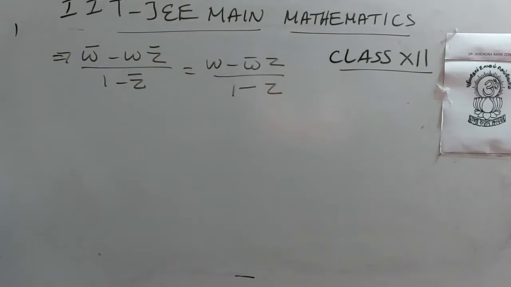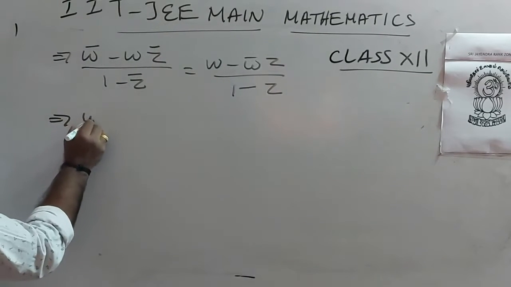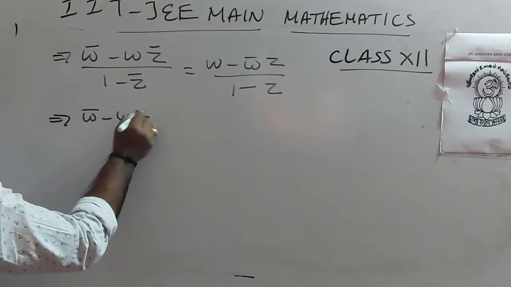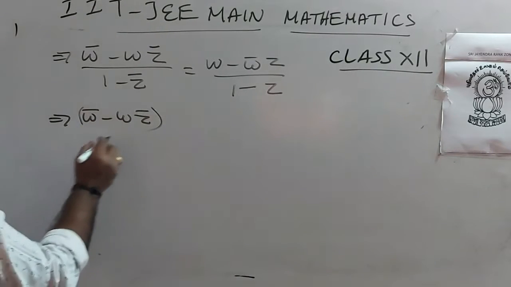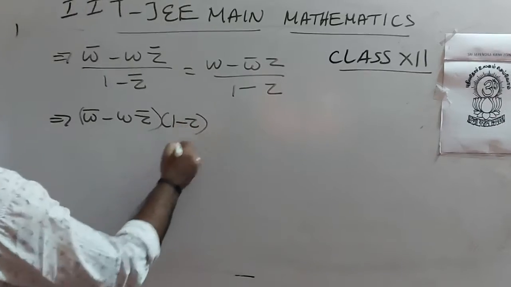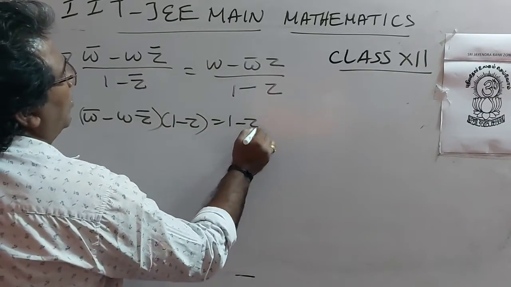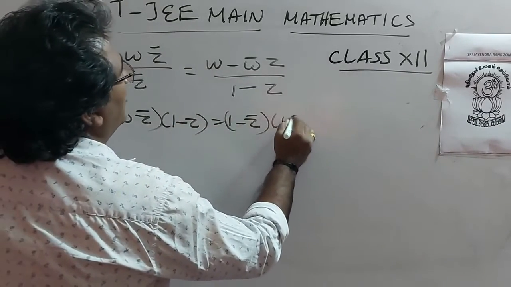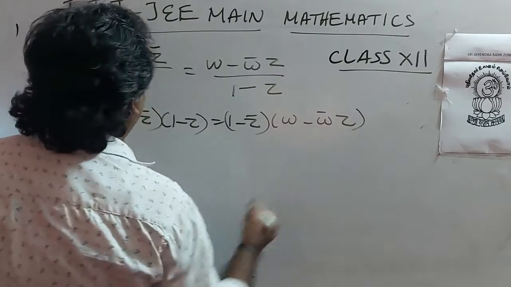So apply cross multiplication: omega bar minus omega z bar into 1 minus z equal to 1 minus z bar into omega minus omega bar z.